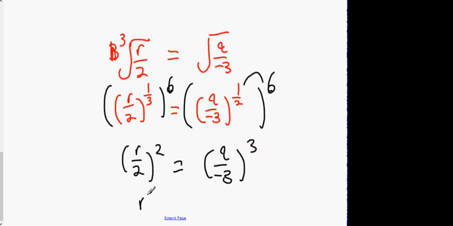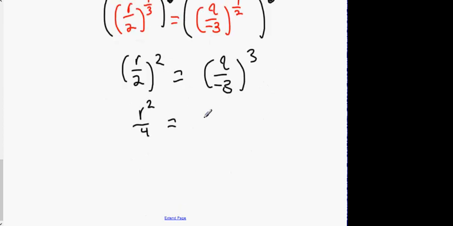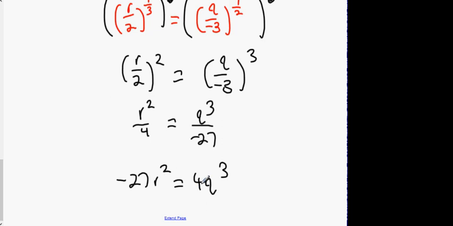Let's cube it out. r squared over 4 equals q cubed over minus 27, cross multiply, minus 27r squared equals 4q cubed, bring over to get 4q cubed plus 27r squared equals 0. Lads, very difficult ending. Very few people would see that, if you haven't seen them before, you're not really going to be getting them too often, okay? Tough question.